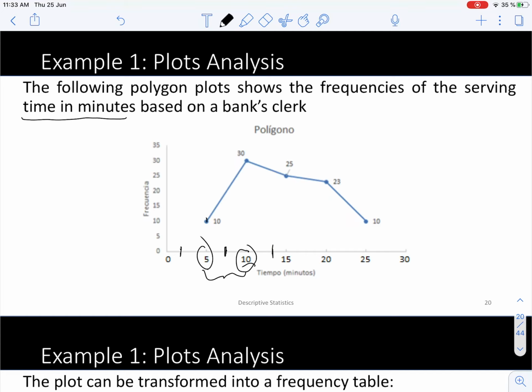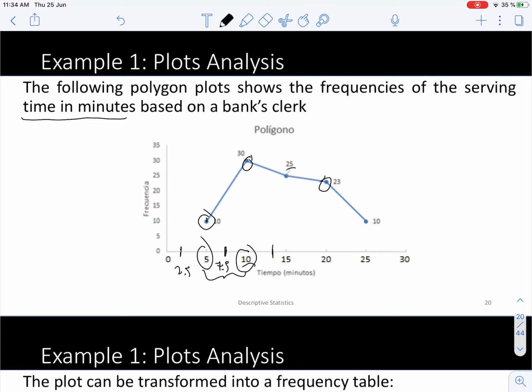So we're going to split this distance in two. That means that the first interval will go from 2.5, that's the lower boundary, to 7.5, the upper boundary. Then the second interval will go from 7.5 to 12.5, and we keep going until we complete all the classes. Once we know the boundaries, you can also add the frequencies. They are given here by these dots.